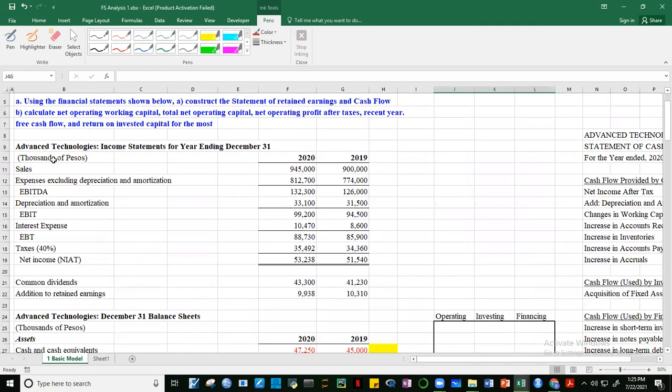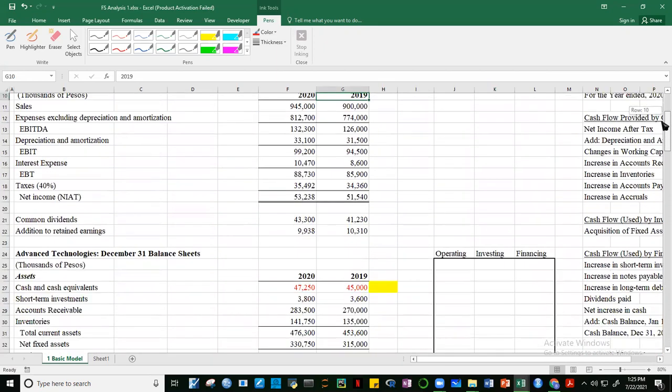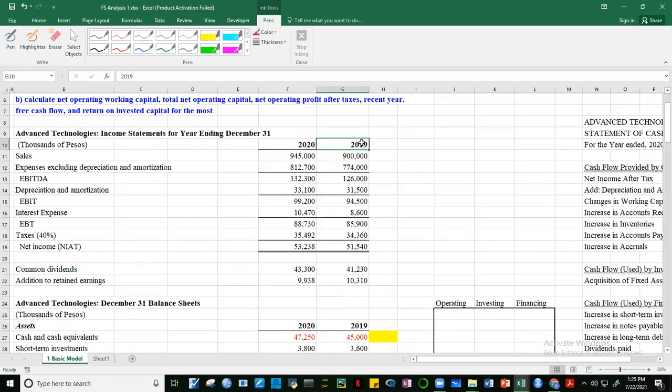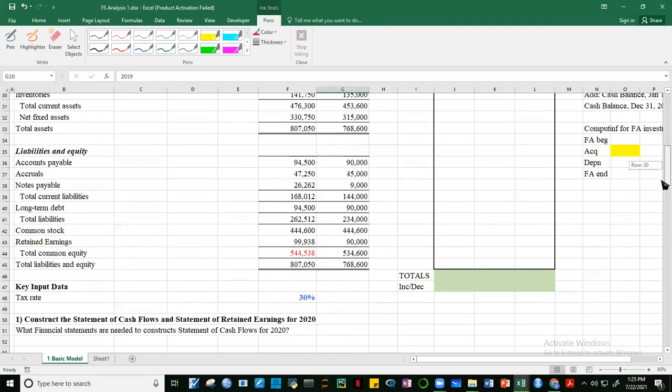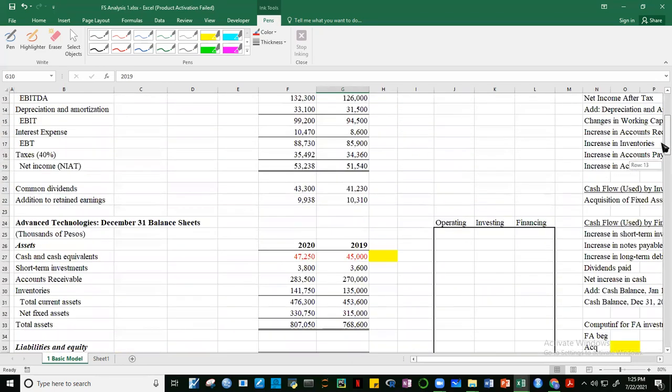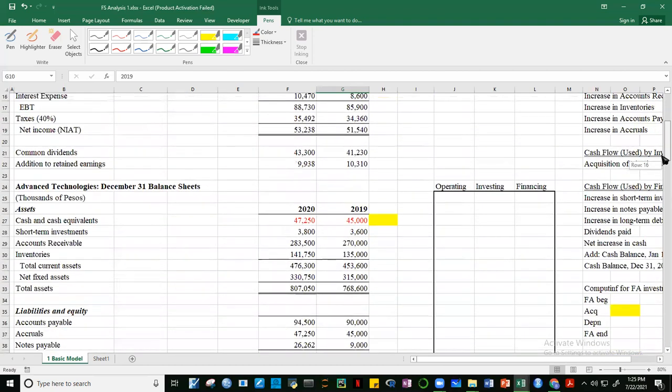So si Advanced Technologies, ito yung income statement niya, 2020-2019. Notice, ang ginawa ko dito, inuna ko si 2020, yun ang usual. Inuuna muna yung current. Tapos, andito yung balance sheet natin, 2020-2019. Our first task is to be able to construct the statement of cash flows.